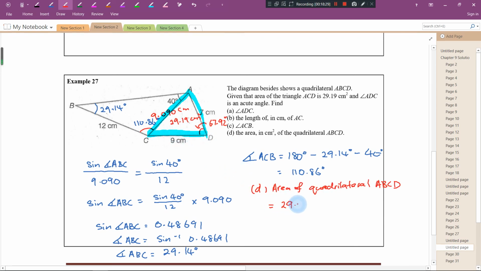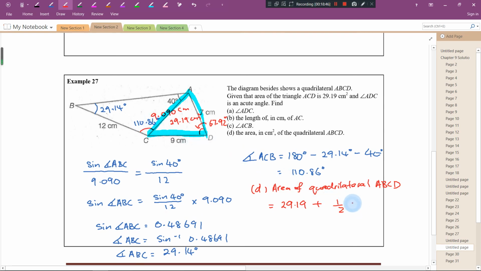29.19, which is given by the question, plus the area of ABC. How do I get the area of triangle ABC? 1/2 times 12 times 9.090 times sine 110.86.